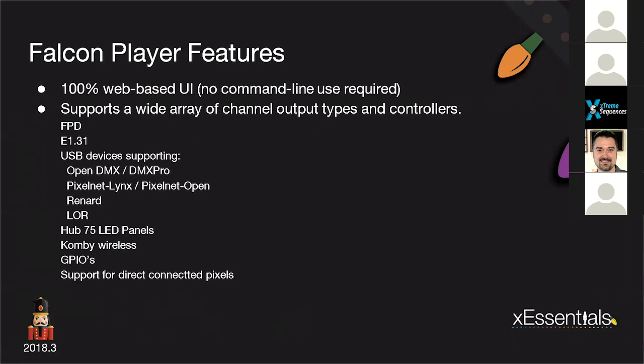It can talk E131, USB devices, Open DMX, DMX Pro, PixelNet Links, PixelNet Open, Renard, LOR. You can also connect Hub 75 LED panels, so those would be the P10 or the P5s. Combi Wireless supports GPIOs, and then direct connected pixels as well.